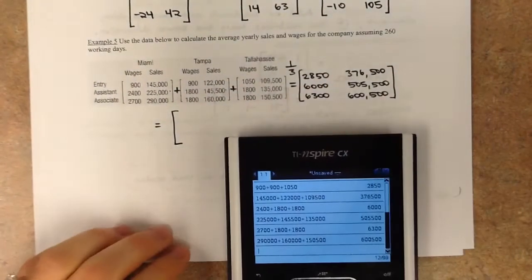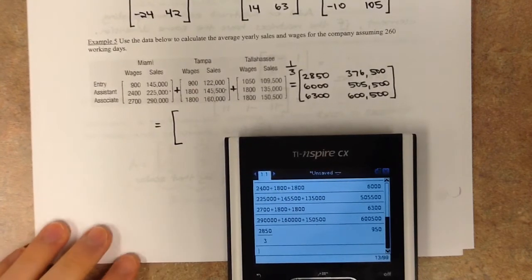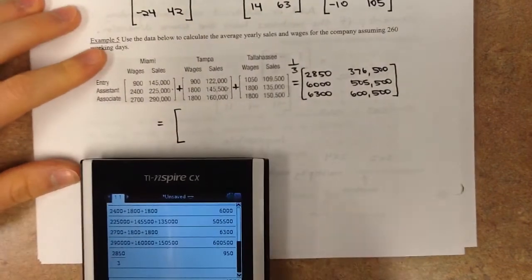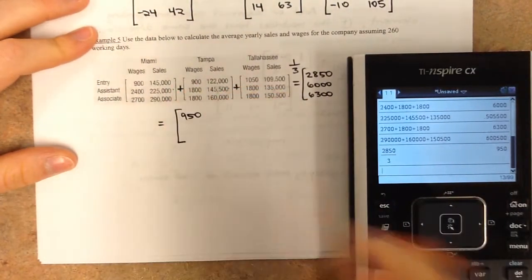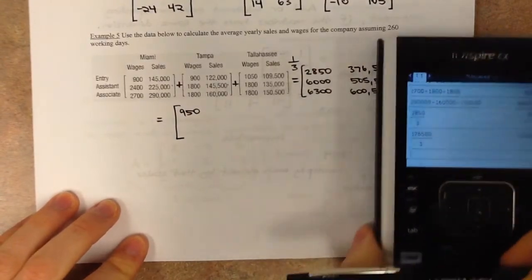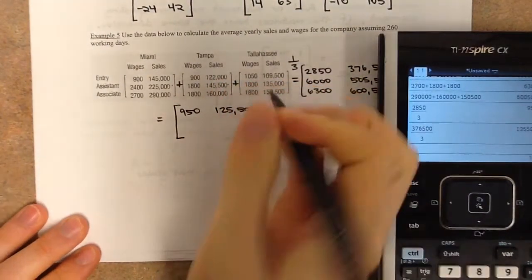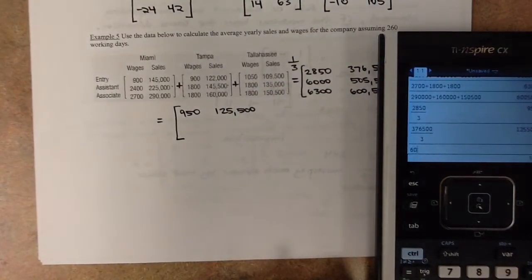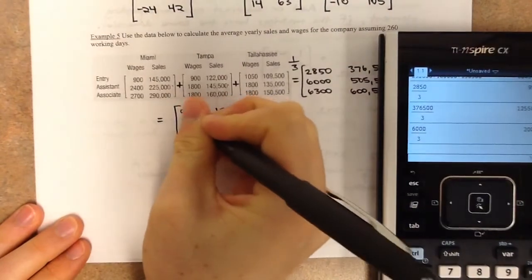So 2850 times 1/3, actually let's just do divided by 3 because that's the same thing. That gives us 950. And then if we move right here, 376,500 divided by 3 gives us 125,500. And then 6,000 divided by 3 gives us 2,000.